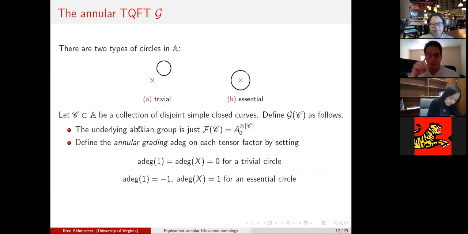On the other hand, if you have an essential circle in your curly C, you set the generators to have non-zero annular degree, and it matches the quantum grading actually. So I'll use adeg for annular grading. For a circle that goes around the annulus, the module assigned to it is going to have a generator in annular degree -1 and one in annular degree +1. That's for the essential circle.